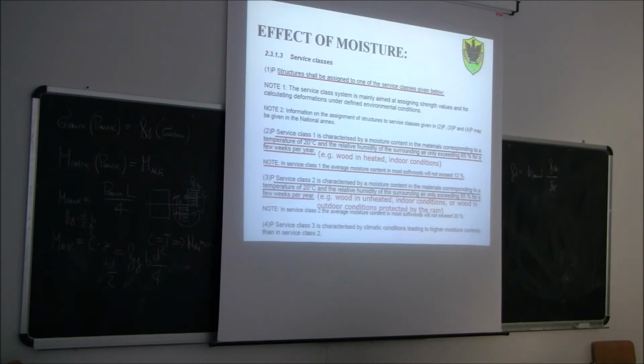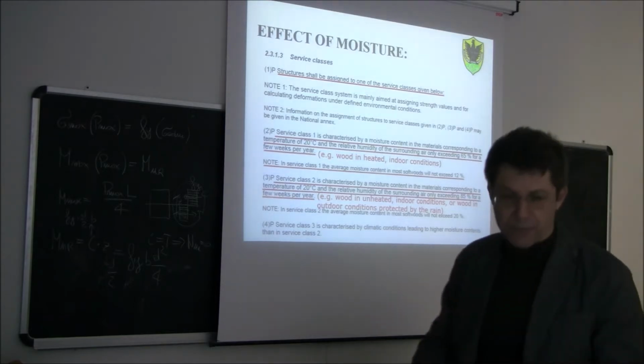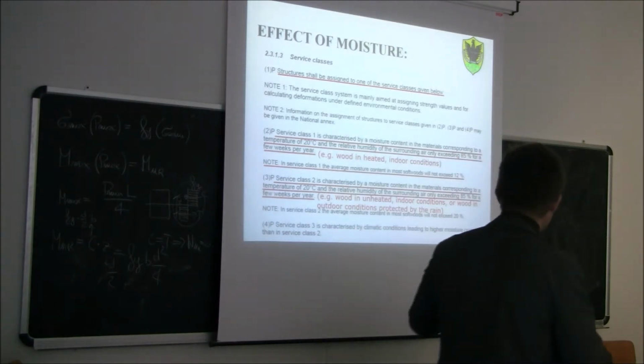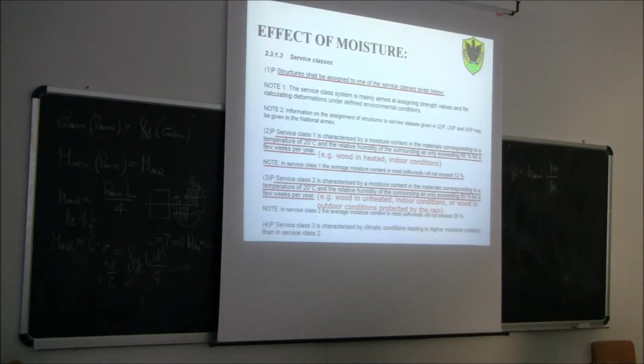Now, service class 2, characterized by moisture content in the materials corresponding to a temperature of 20 Celsius degrees and the relative humidity of the surrounding air only exceeding 85% for a few weeks per year. So while before, for 4, 5, 6 weeks per year, we might have relative humidity more than 65%, now over the same period, we might have relative humidity more than 85%.